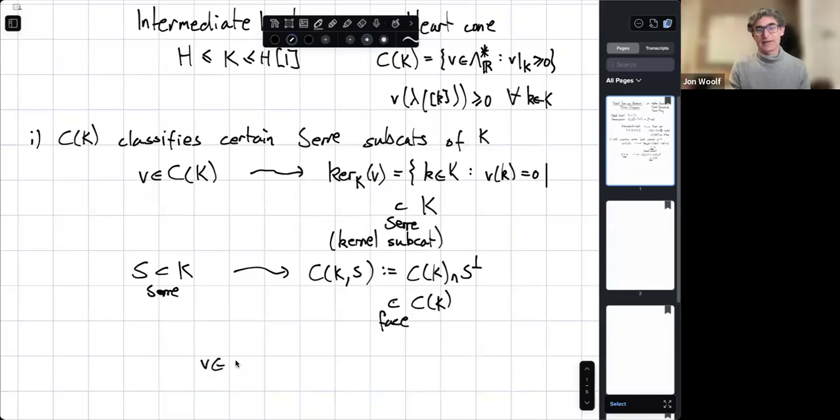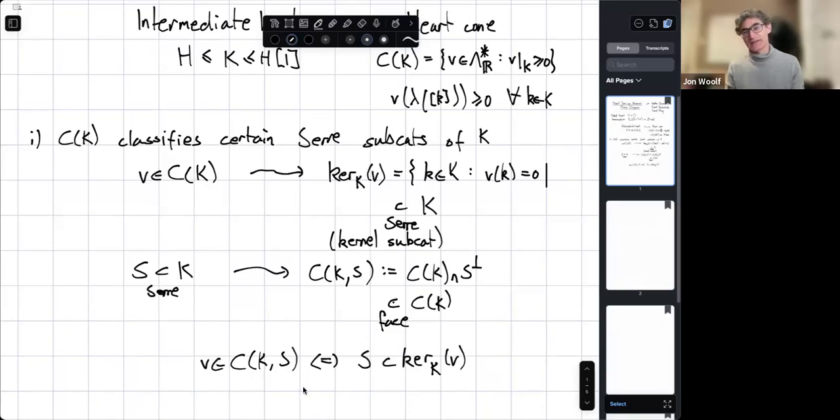It's easy to check that a vector is in the face corresponding to a Serre subcategory precisely when that Serre subcategory is contained in the kernel subcategory of v. So basically there's an adjunction between Serre subcategories and faces of this cone, and those are both partial orders. Every adjunction between partial orders also gives you a bijection, and so we get a bijection between faces of this form and kernel subcategories.